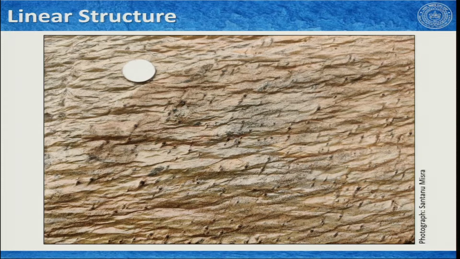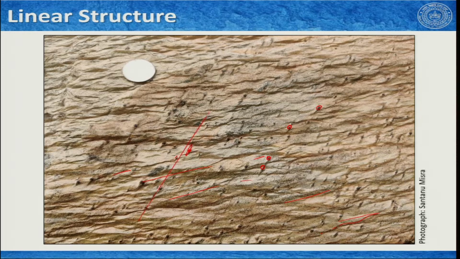So, here is a photograph. This is a mica schist again from the Ferryghat. We clearly see that apparently this surface is kind of wrinkled, right. You can identify that these features are actually known as crenulations, but other than this there are some mineral grains, and through these mineral grains you see that some shadows have formed.